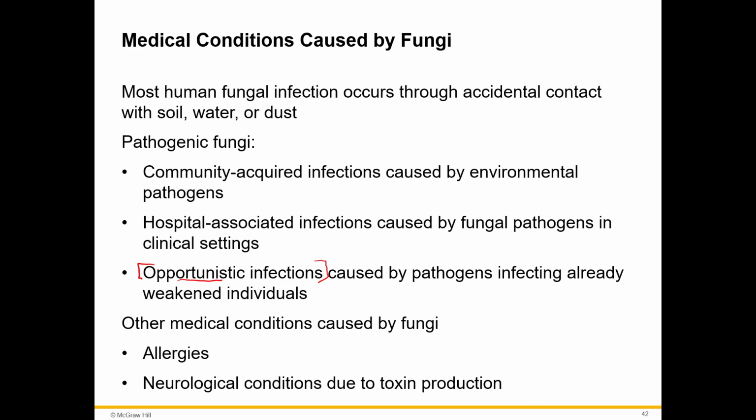So maybe that host, maybe that person, all of a sudden has an autoimmune disease or has diabetes, or maybe they have a weakened immune system. They had cancer and they went through chemotherapy. Well, now this pathogen that has been hiding out inside the body has the opportunity to overgrow. It will grow and grow and grow and cause a major infection because it had that opportunity. We refer to those as opportunistic pathogens.